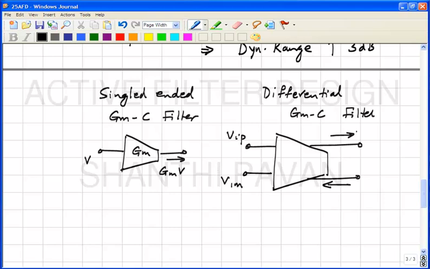So, the output, say IOP, is GM by 2, let's say, into VIP minus VOP, sorry.